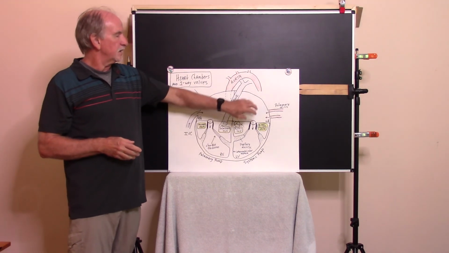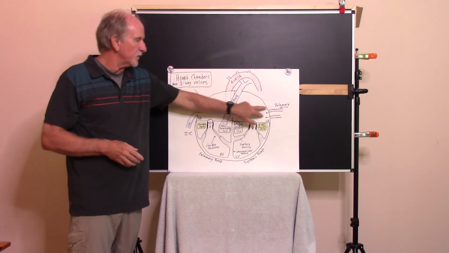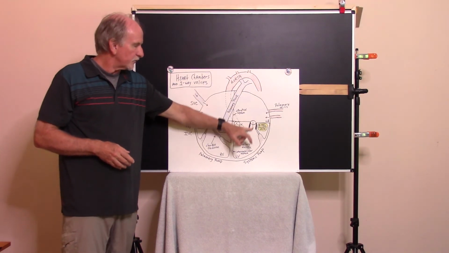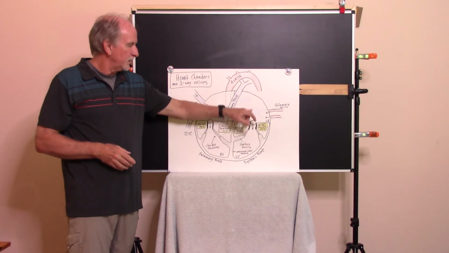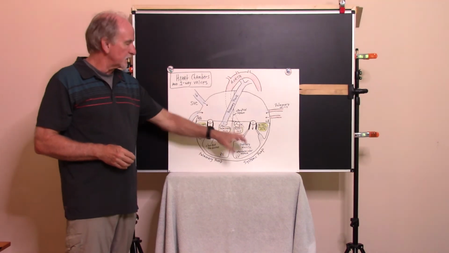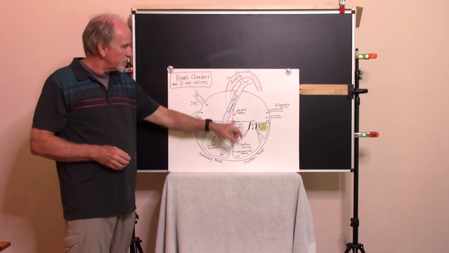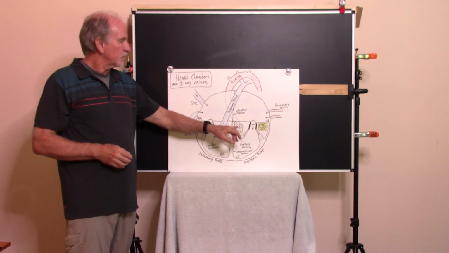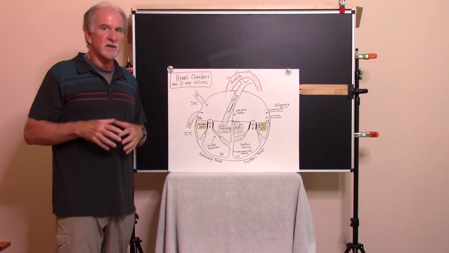Over here is the left atrium, and the blood in the left atrium coming in from the pulmonary veins goes through the mitral valve, also called the bicuspid valve, into the left ventricle. When the left ventricle contracts, blood is pumped out through the aortic semilunar valve at the base of the aorta, and the blood in the aorta then is distributed into the systemic circuit.